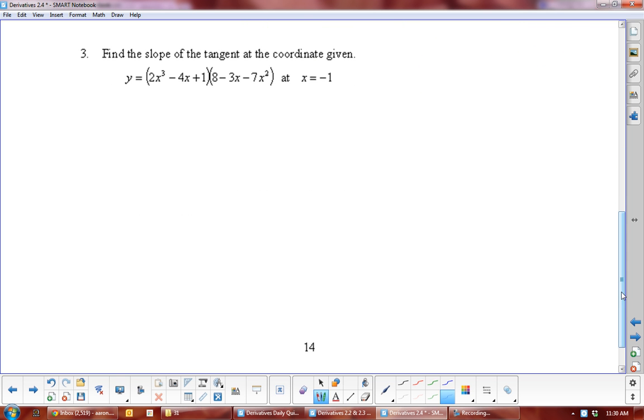But now I have to find a slope when x equals -1. Okay, so let's do this one again. We'll call this first and this second. We should be able to get quicker at these.